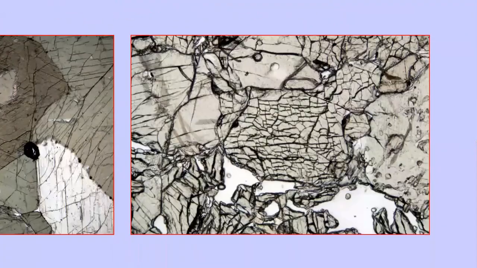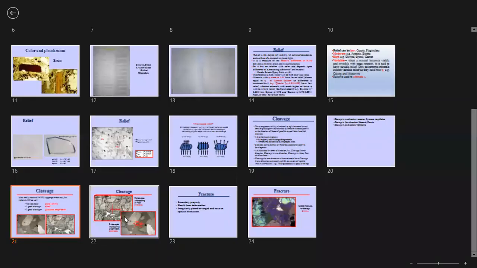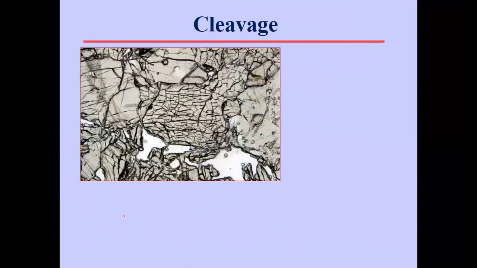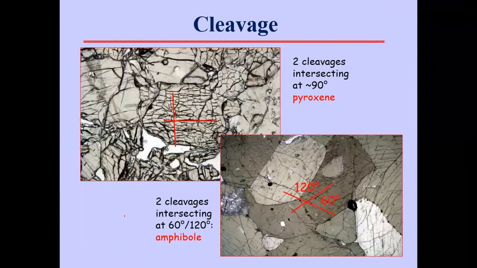इस साइड पे अगर आप देख लें, यहाँ पे अगर आप देख लें, these are two pyroxenes. Pyroxene में जो two cleavages होते हैं, वो दोनों cleavages they intersect at 90 degree.